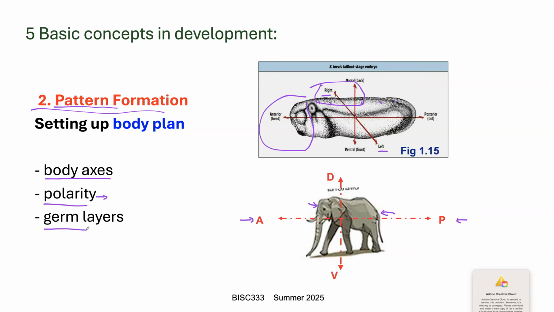And then the germ layers. So we'll be talking about the germ layers more, but when we look at an early developing embryo, the outside is called the ectoderm. This is very early in development. So ecto means out. There is often tissue inside, which is endoderm.